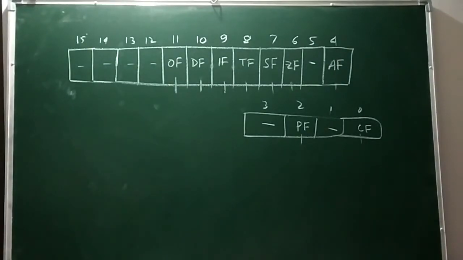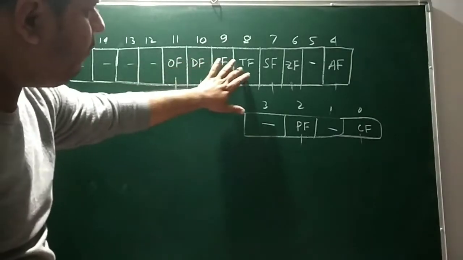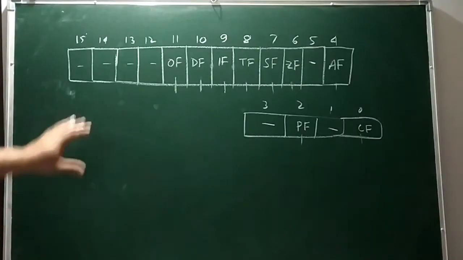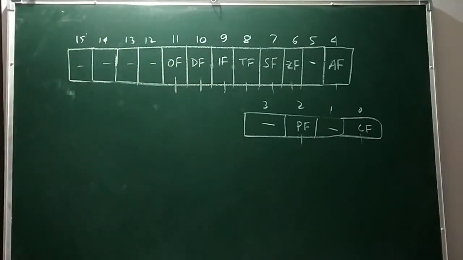So we have 9 flags. In 8086 we have a total of 9 flags.